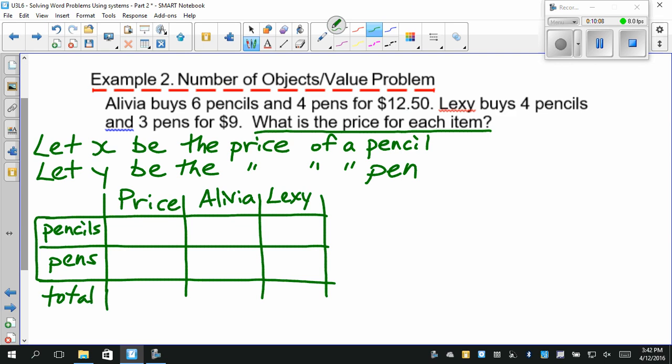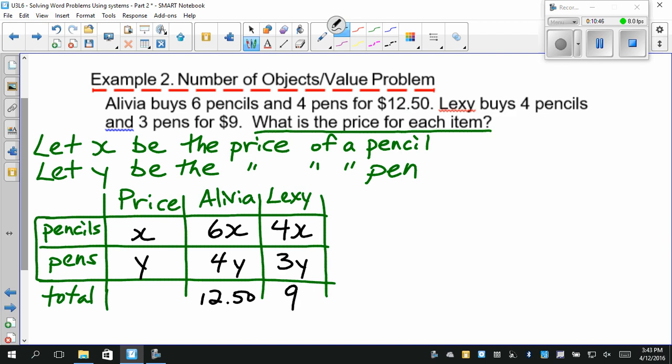And in this case, we can fill in our x and y first. So x is the price of a pencil, and y is the price of a pen. For Olivia's situation, she bought 6 pencils, and she bought 4 pens, and she spent $12.50. Okay, Lexi bought 4 pencils and 3 pens for $9.